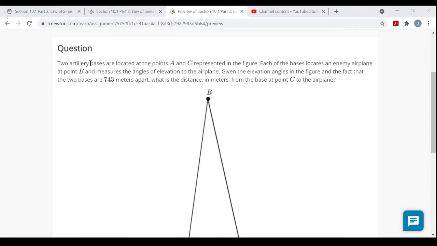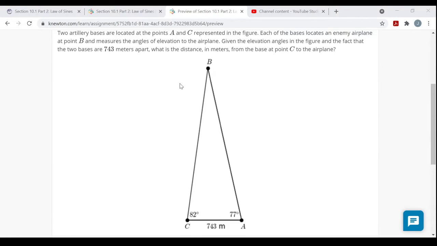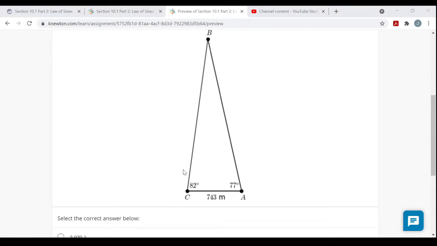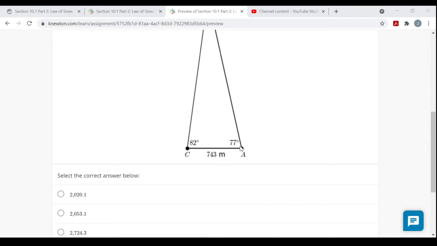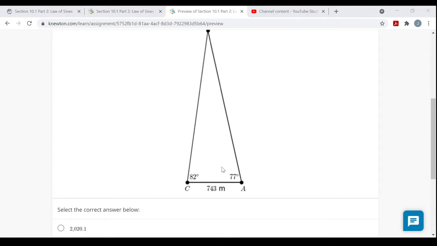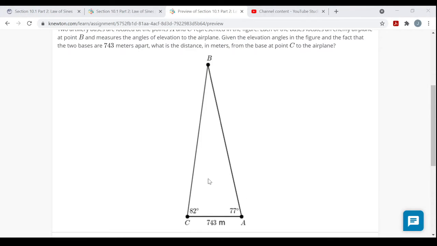Two artillery bases are located at points A and C below. Each of the bases locates an enemy plane at point B and measures the angles of elevation to that plane. So from base A, they have to look up 77 degrees to see the plane.